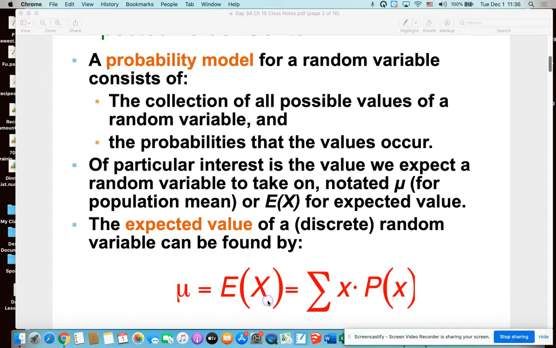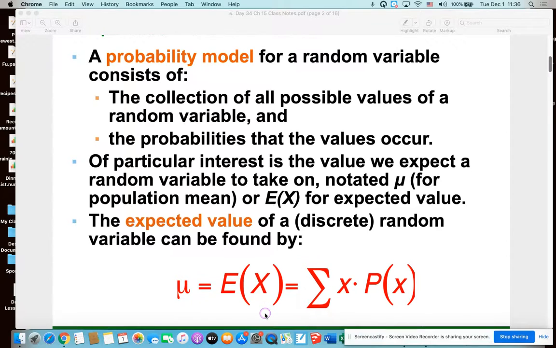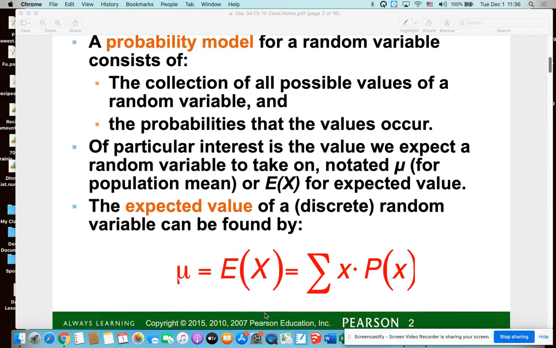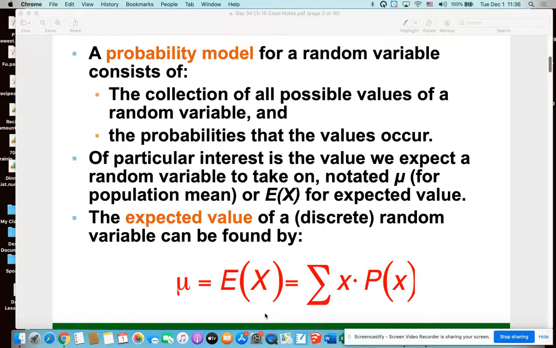But now we're going to expand it a little bit and give you more options. What if it's not an equal chance? What if the probabilities of a certain thing happening are different?